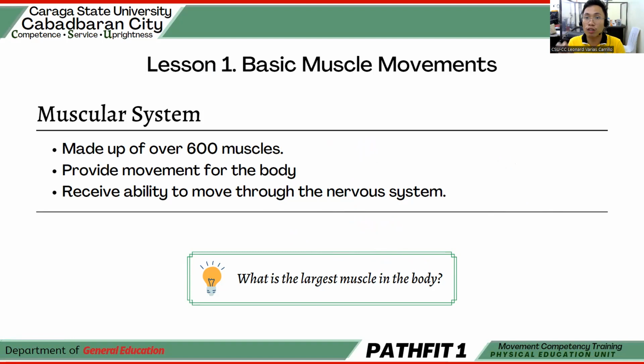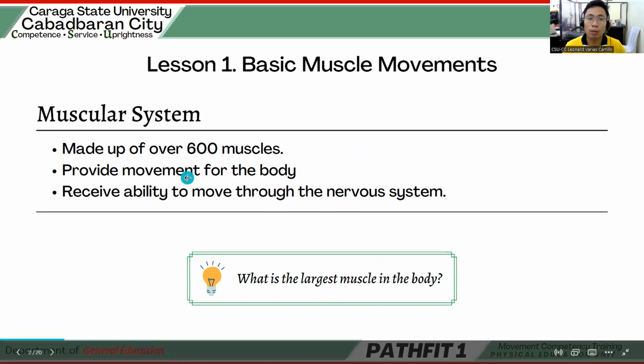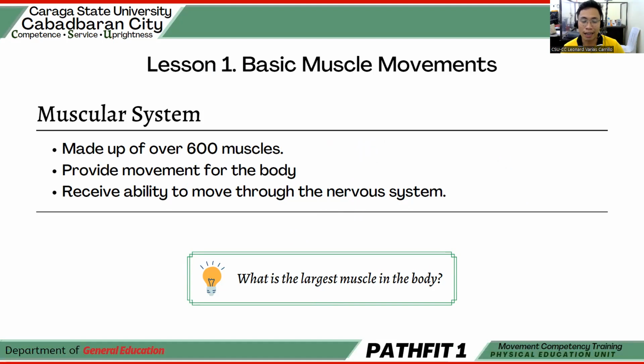So, before we go over some muscle movements, let's talk about the muscular system. So, what is the muscular system? The muscular system is made up of over 600 muscles. Again, regardless if you are fat or thin, you are made up of 600 muscles. Okay. Next, it provides movement for the body.